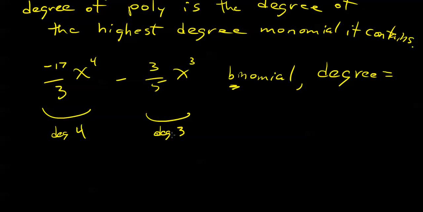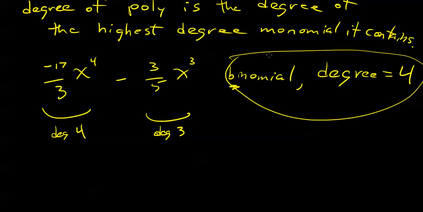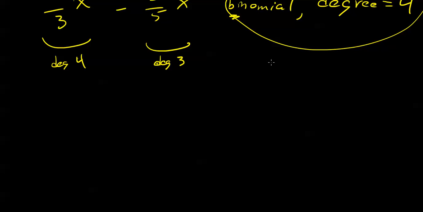This monomial is degree 4. So overall, the polynomial has degree 4, the degree of the highest degree monomial that it contains. Binomial, degree 4. Okay? Let's try another one. Let's do a nasty looking one here.